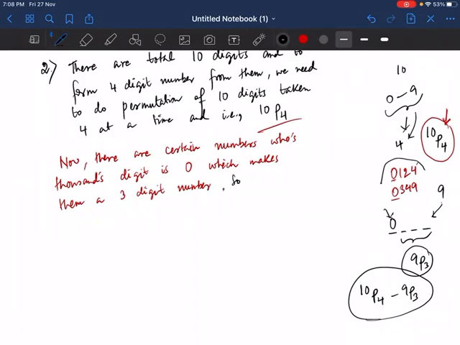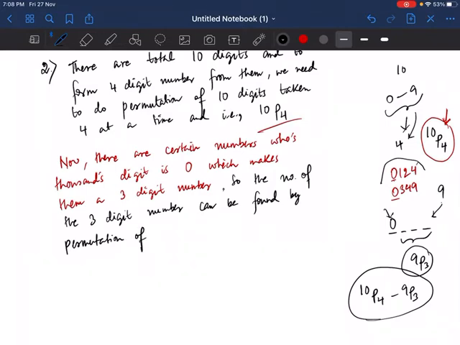So the number of 3-digit numbers can be found by the permutation of 9 digits. I will fix that 0 digit. 9 digits taken 3 at a time.